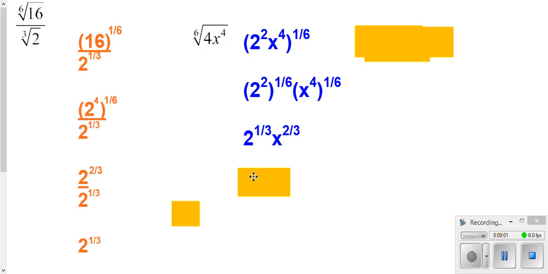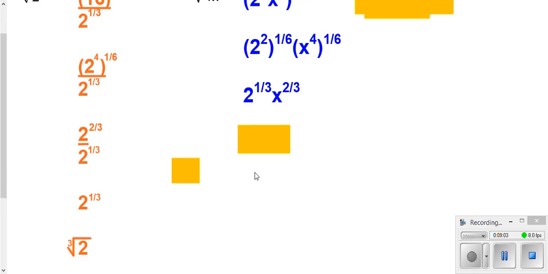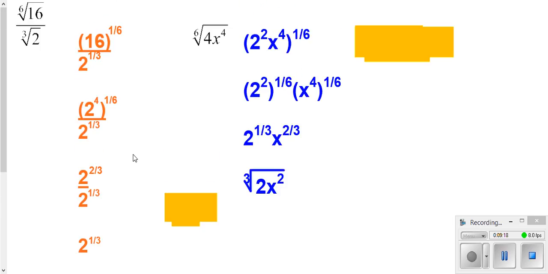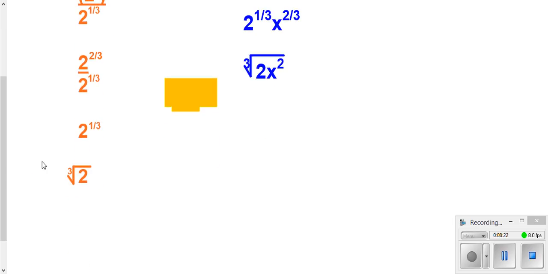I want to leave my answer with roots. So you want to go ahead and write it as a cube root because the bottom part means cube root. It would be a 2 to the first and then an x to the second. Notice in the one over here, we started out with roots. You want to leave your answer with roots, so your answer would be the cube root of 2.